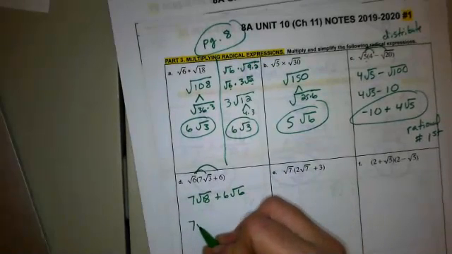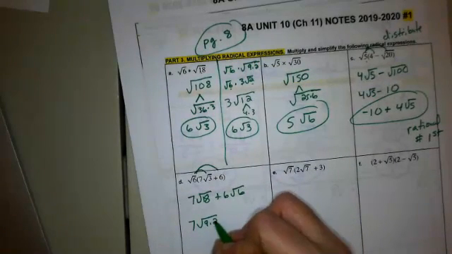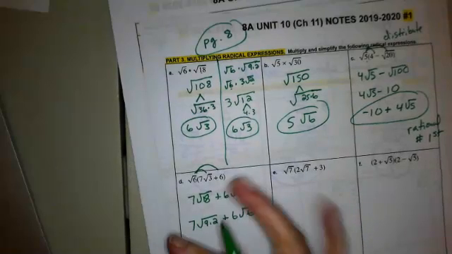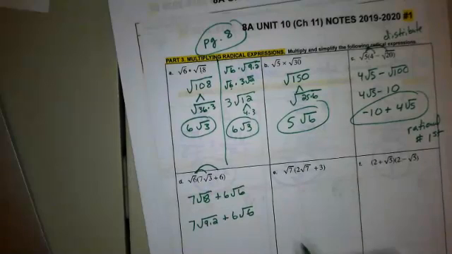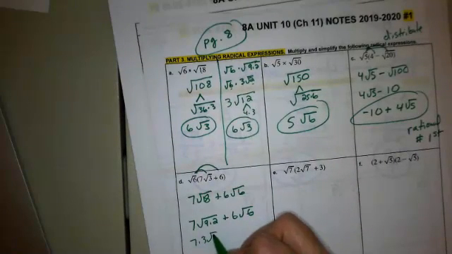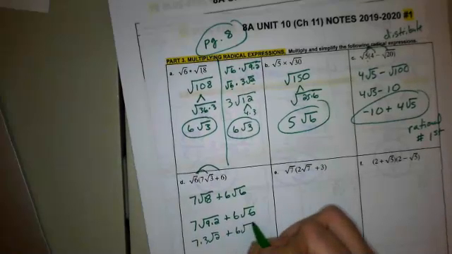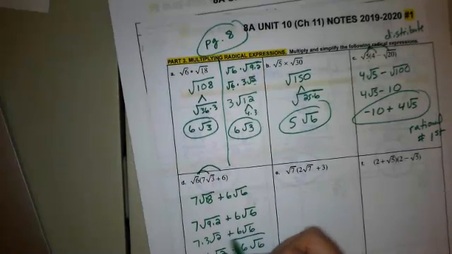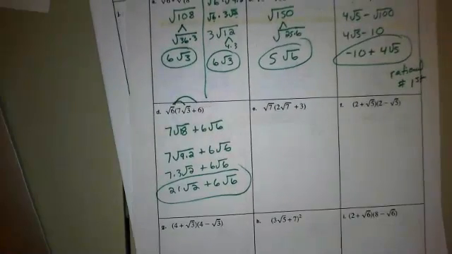So I've got 7 times the square root of 9 times 2 plus 6 root 6. I can pull out my 3 there because the square root of 9 is 3. 7 times 3 root 2 plus 6 root 6. That's going to give me 21 root 2 plus 6 root 6. Nothing else we can do on that one.